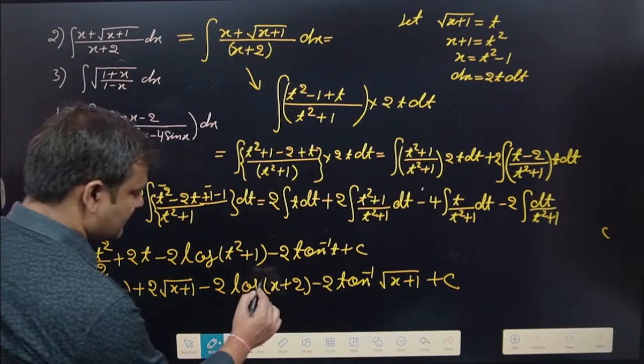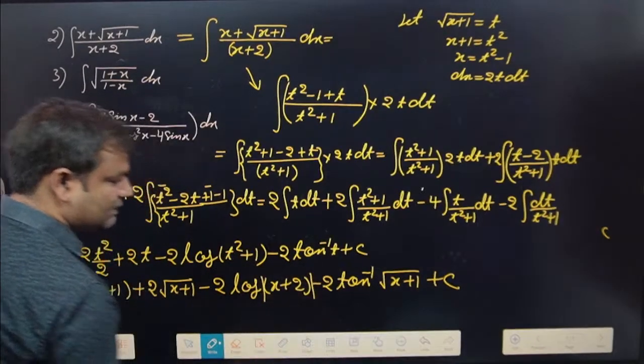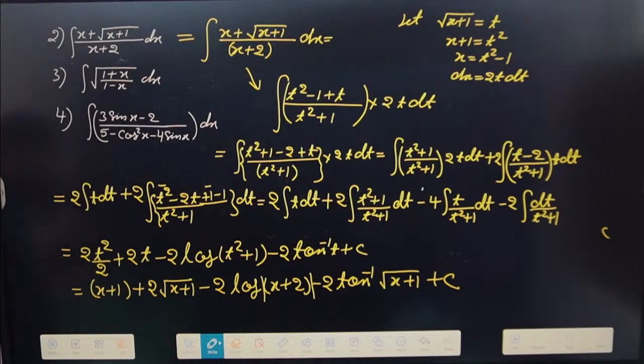I hope so clear. So basically this is mod of x plus 2. Okay, I hope so clear.